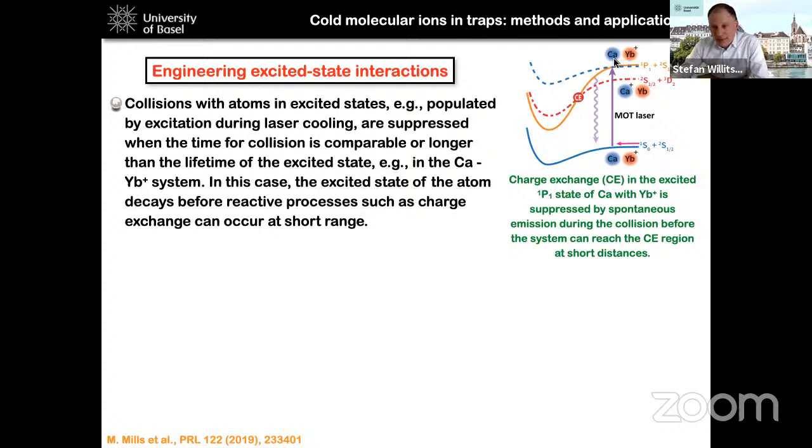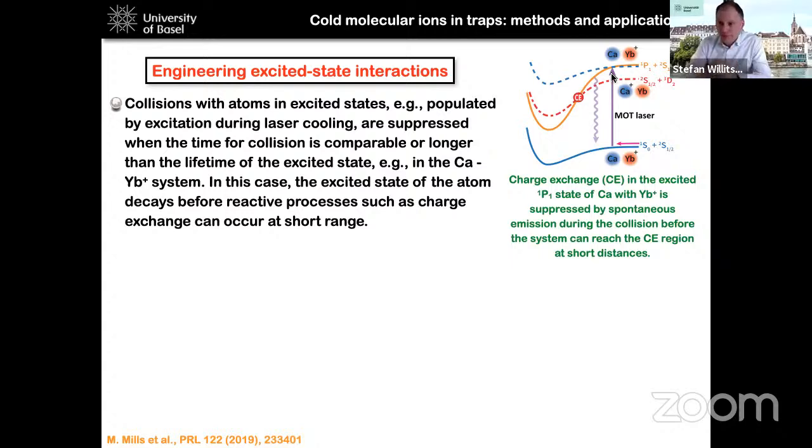Now it happens that in some systems, like calcium ytterbium plus, the excited states are very short-lived, in the sense that the excitation decays already before the partners can come close to one another. And in this case, the rate constants for the processes out of these excited channels are very low or even negligible.